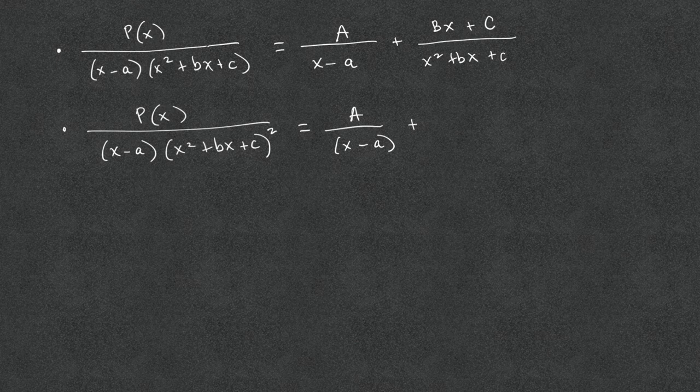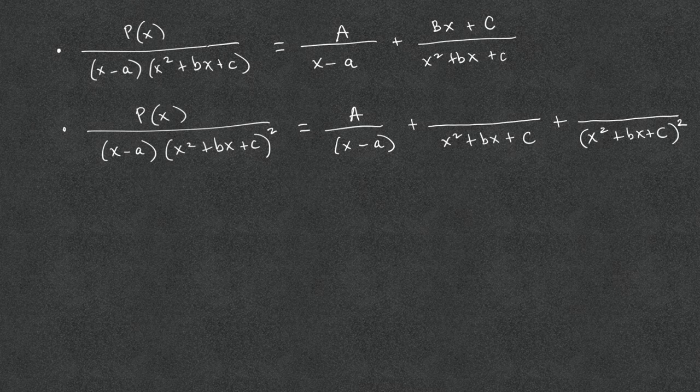In this case, the irreducible quadratic x^2 + bx + c is being repeated twice. We would then need two rational terms for the denominator x^2 + bx + c, and we increase the power by 1 each time.